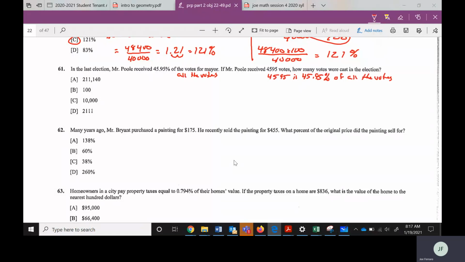Okay, so that means this is the part, which is this percent of all the votes, and that's what we're looking for. How many votes were cast in the election? So all the votes. So we're looking for a whole. Okay. I wonder if we need to finish that one.